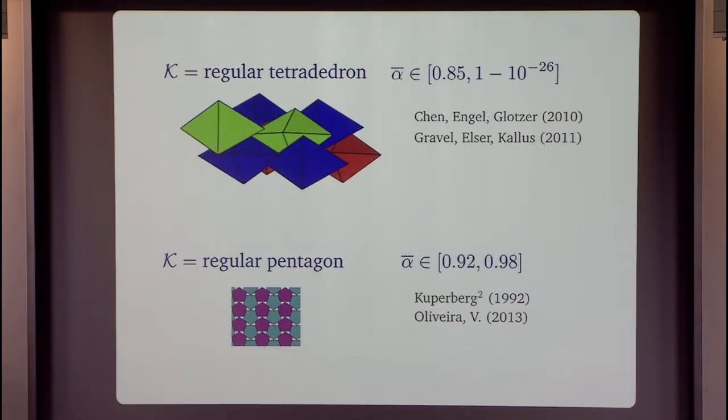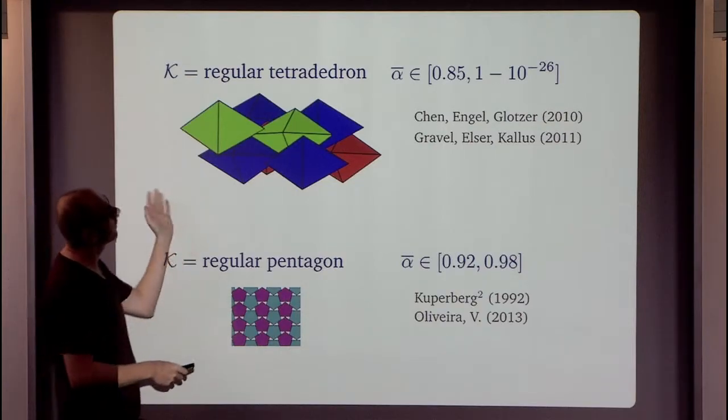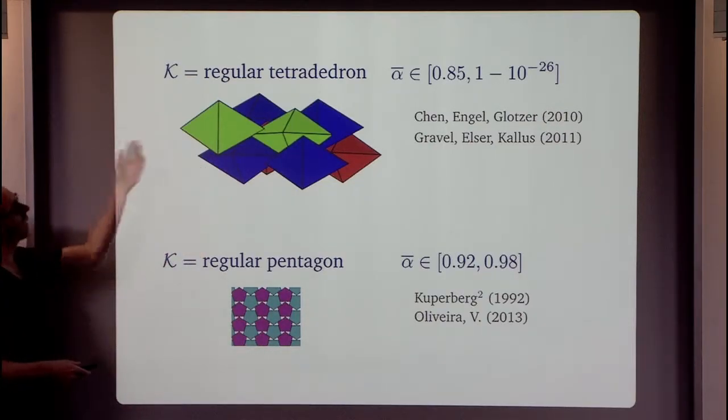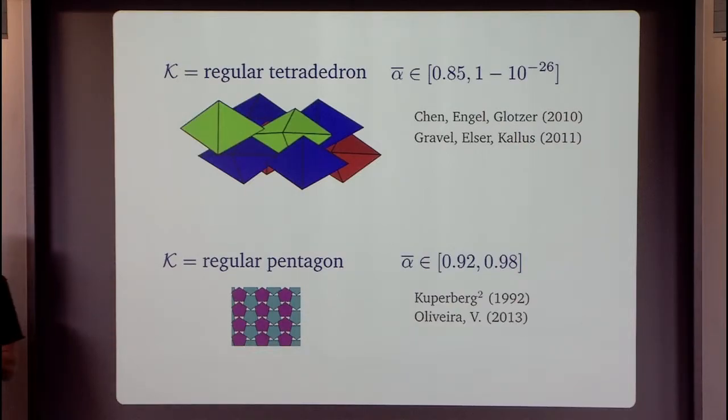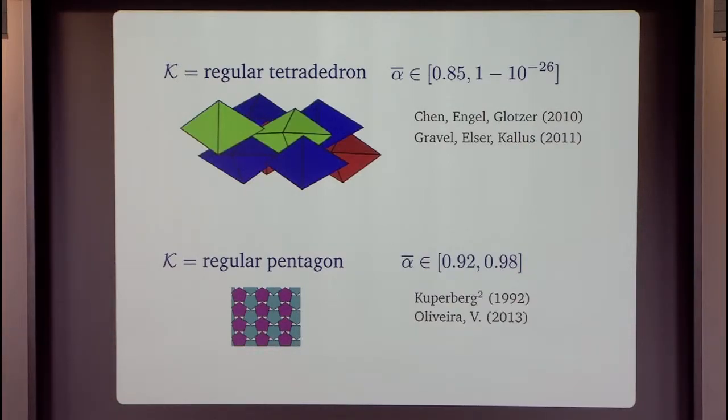Okay, this was the good case. Now let's go to regular tetrahedra in 3-space. There was some race about good constructions around 2010, and Chen, Engel, and Glotzer at the moment have the best construction for a lower bound. They show that you can fill 85% of the space by regular tetrahedra if you're allowed to rotate them.